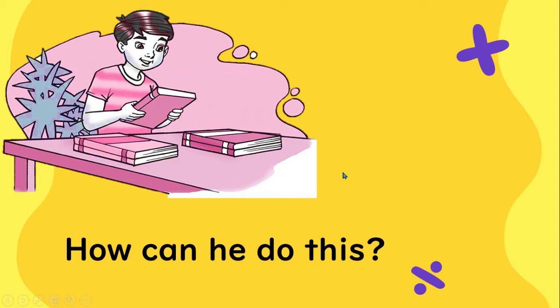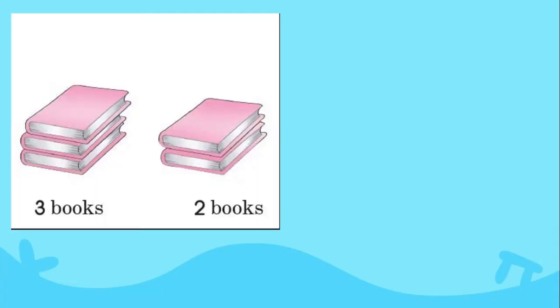Okay, so Francis can put the 5 books in the 2 piles this way. So he can have it with 3 books and the other one will be 2 books. So if you're going to combine, that will be equal to 5 books, okay?